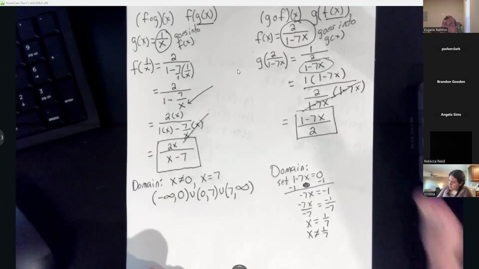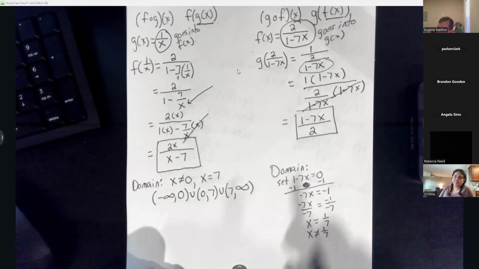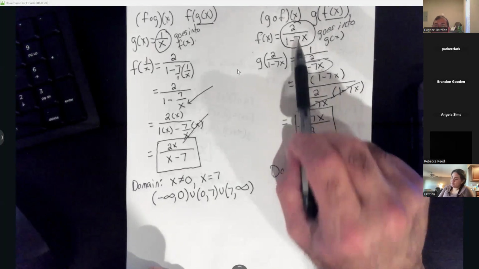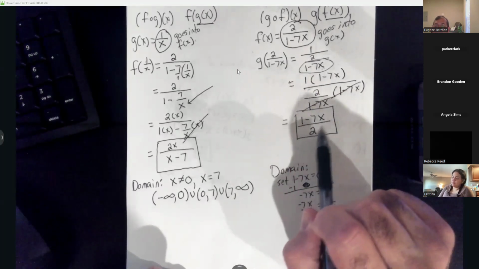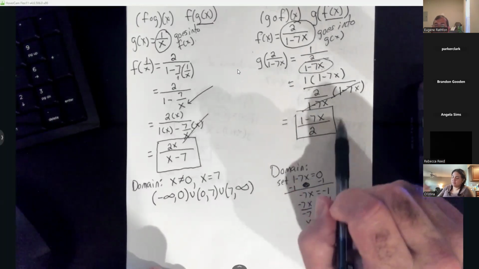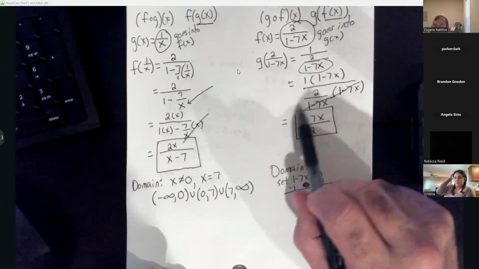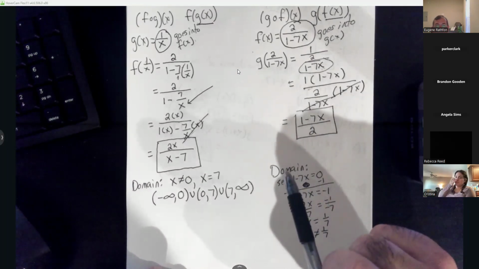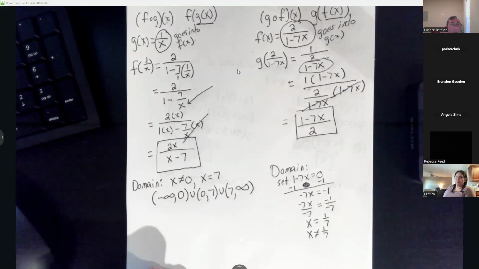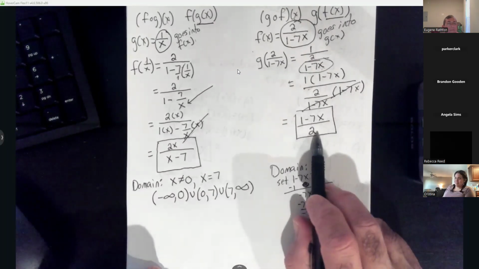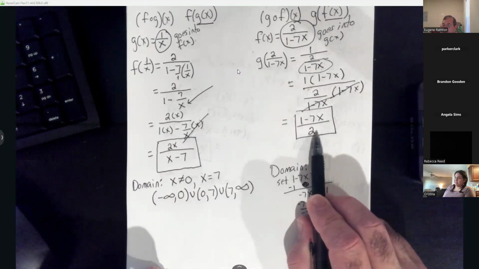All righty, y'all. Let me look here. So that's the only thing in the denominator here. What about my final answer? Do I need to exclude any numbers out of that final answer? Oh, Carlitha, you're on a roll today. There's not even a variable down here, is there?